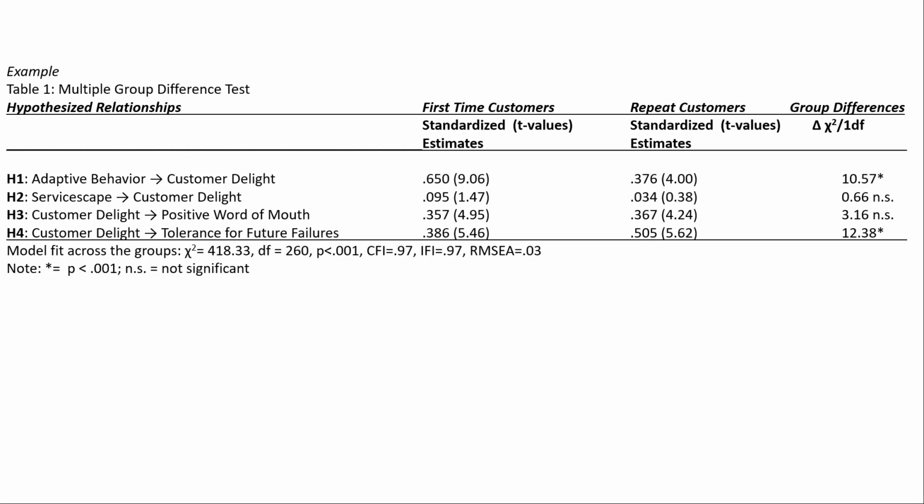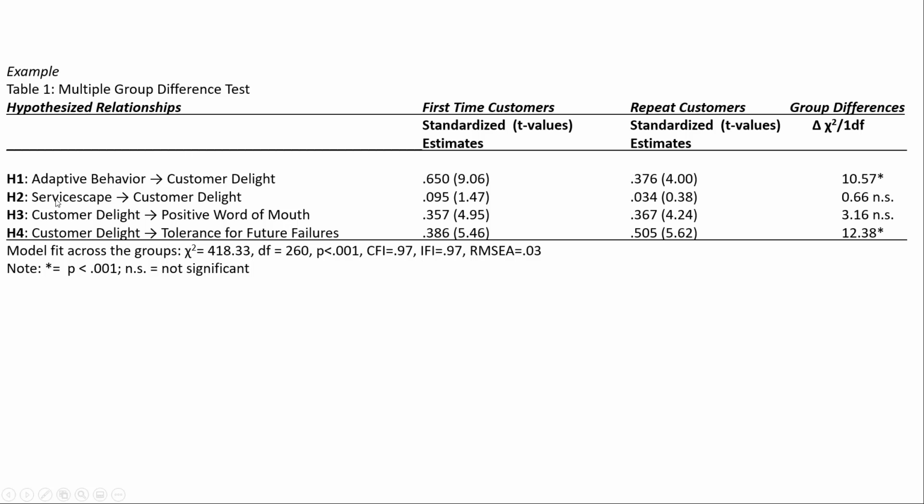So we're doing a 2-group analysis here. If I just had a one-group analysis, then I could probably just have that column that says first-time customers right there, and I really don't need anything else. But if you're trying to do multiple groups, then here's a template to show you what it would look like.